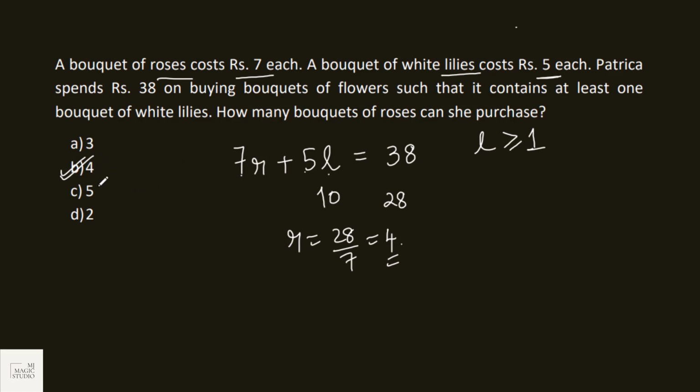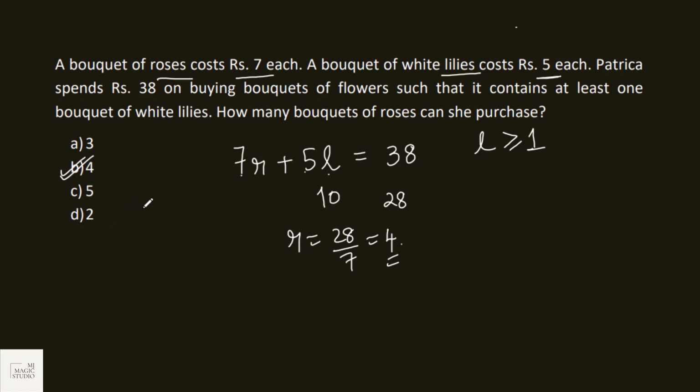Fine. Now, if I assume it to be like taking 3, then it is 21. 38 minus 21 is not divisible by 5. If it is 5, 35, 33 is not divisible by 5. If it is 2, 14, 24 is not divisible by 5. Out of the given options, only option 4 makes sense.